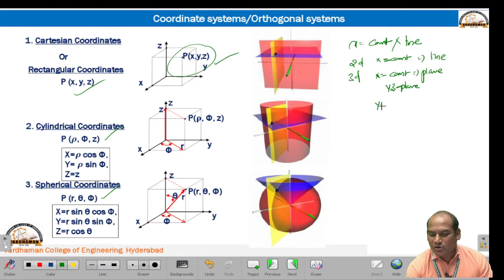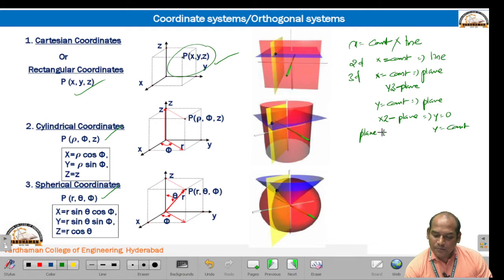And y is equal to constant means it is also a plane. Which plane? The xz plane. Y is equal to 0 means exactly the xz plane. Y is equal to constant means the plane parallel to xz plane.